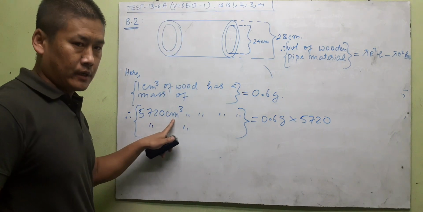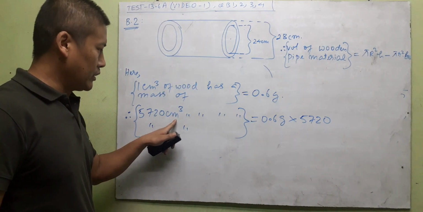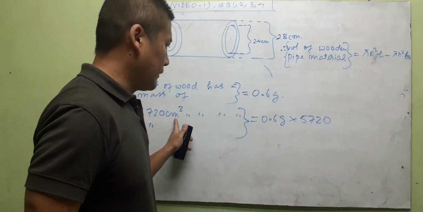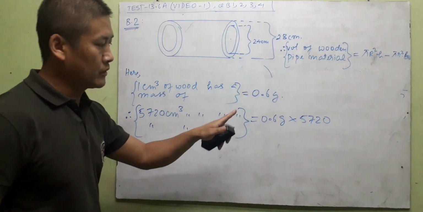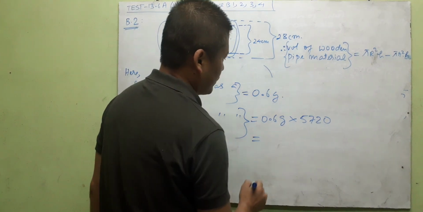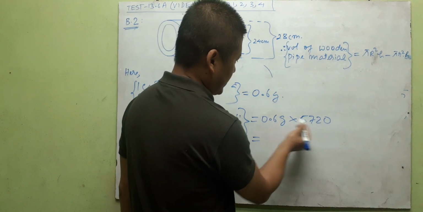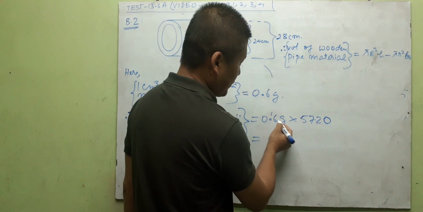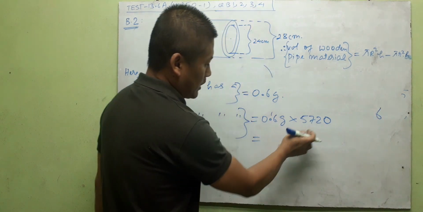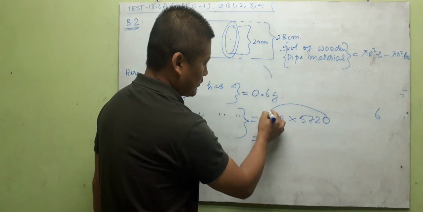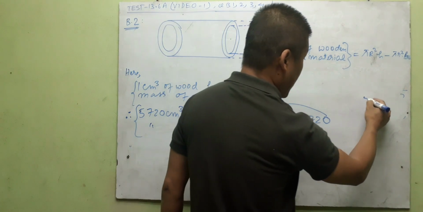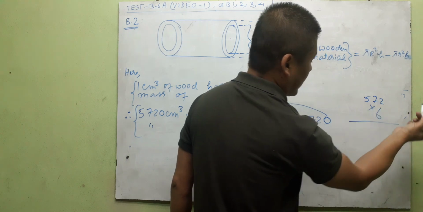We shouldn't bring the centimeter cube, because that is a unit on the left and the unit on the right is gram. The number can be brought. When we multiply, the 0 is used up to shift this decimal, so we have 572, and that will be our answer in grams.